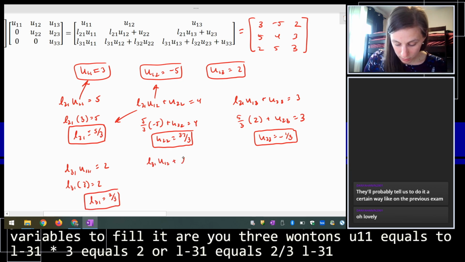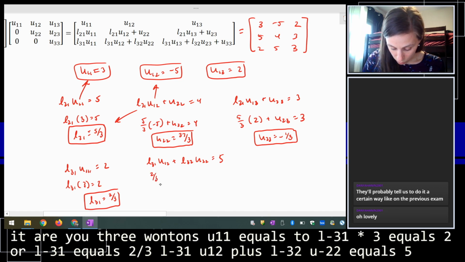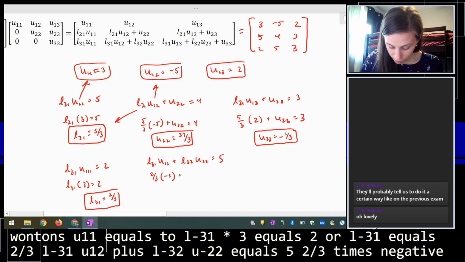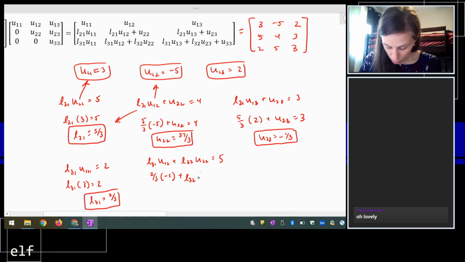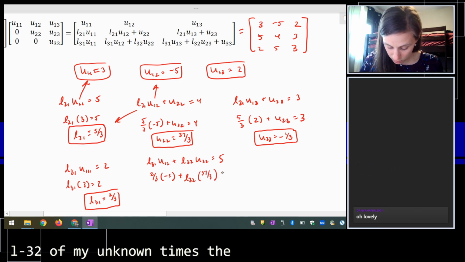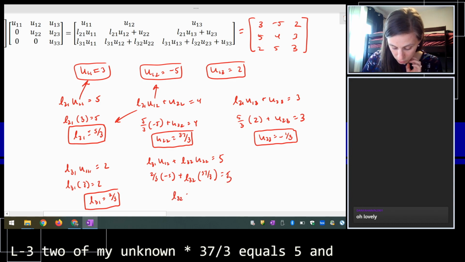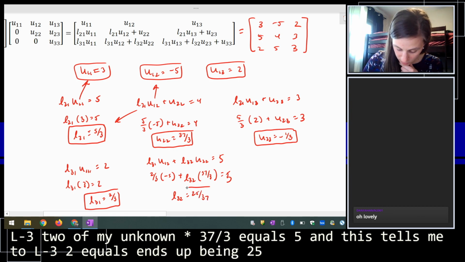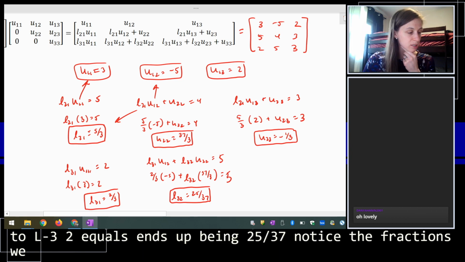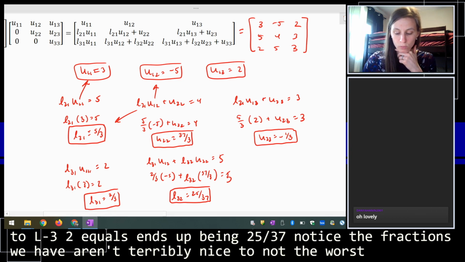L31 U12 plus L32 U22 equals 5. 2/3 times -5 plus L32, which is my unknown, times 37/3 equals 5. And this tells me that L32 ends up being 25/37. Notice the fractions we have aren't terribly nice.